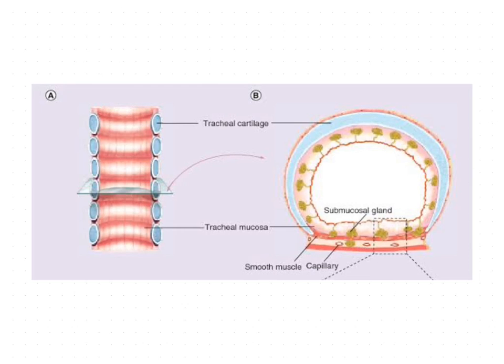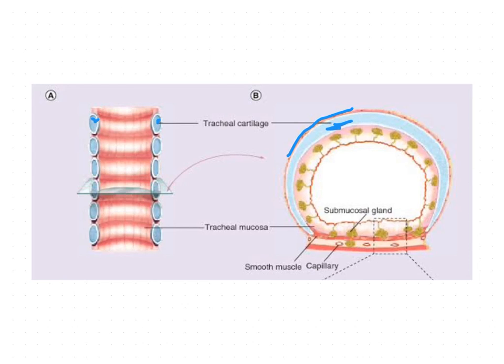The histology: it has an outer fibrous layer and cartilaginous rings. Here we can see the outer fibrous layer, and this one is the cartilaginous ring.